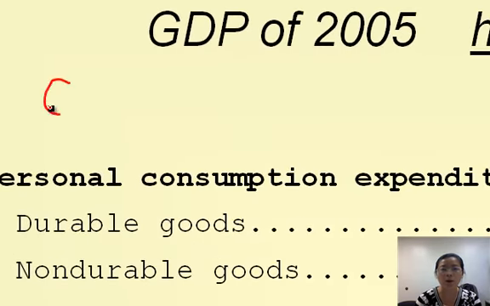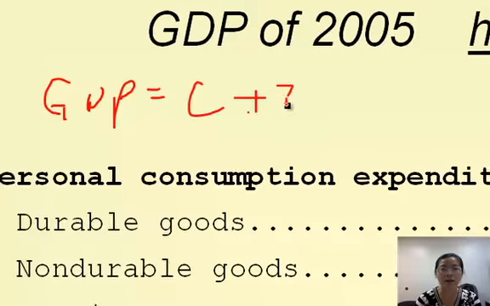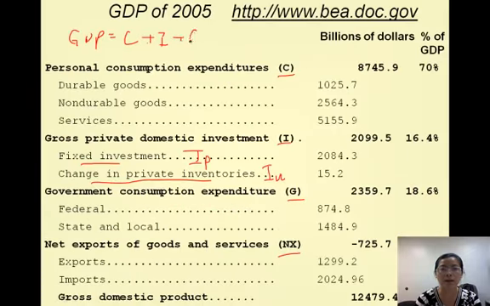So when we calculate GDP, that is C, I, G, and net exports, and aggregate expenditure equals C, I, G, and net exports. These are the same. The only difference here is investment.